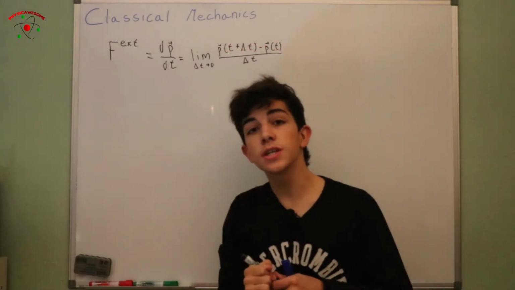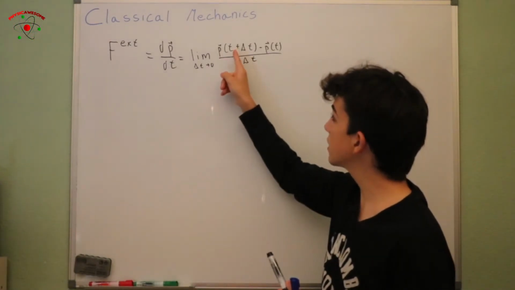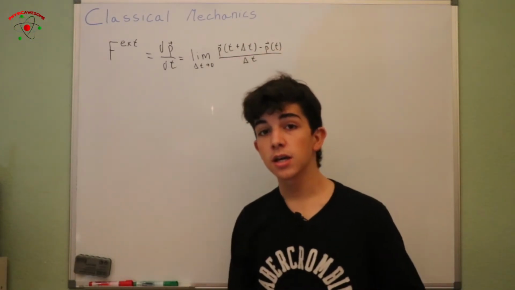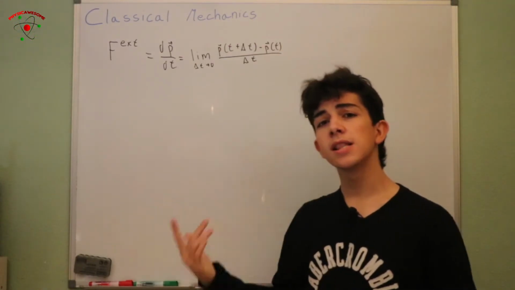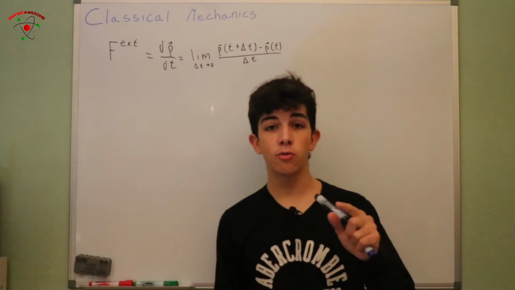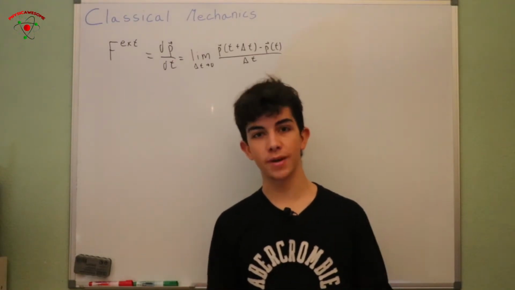Therefore, as we see, we need to consider our state at time t plus delta t and our state at time t. Let's start drawing our state and then our momentum diagrams.